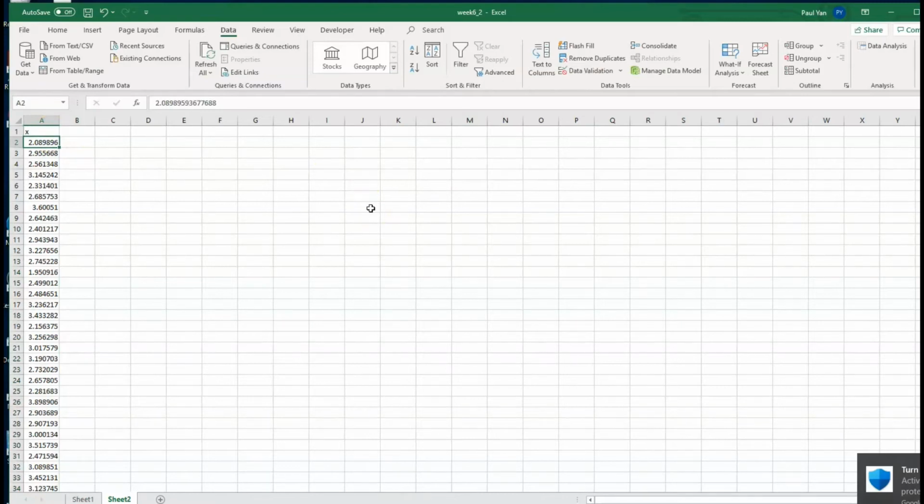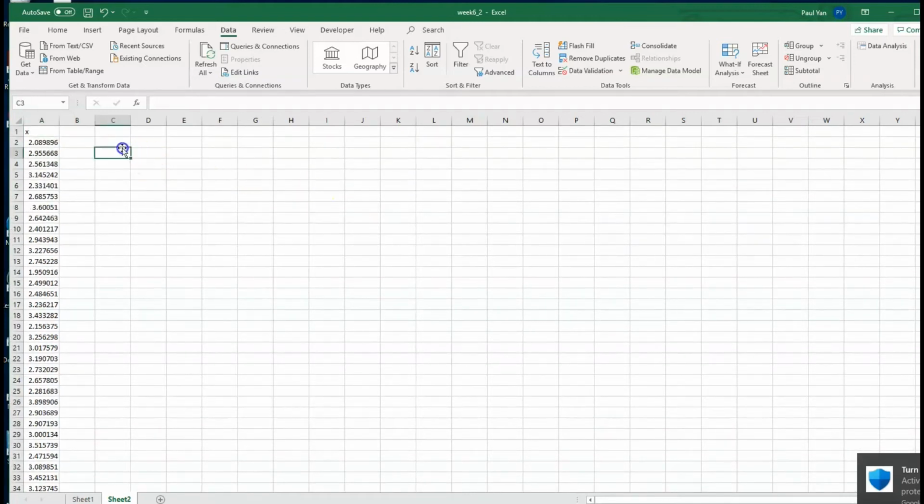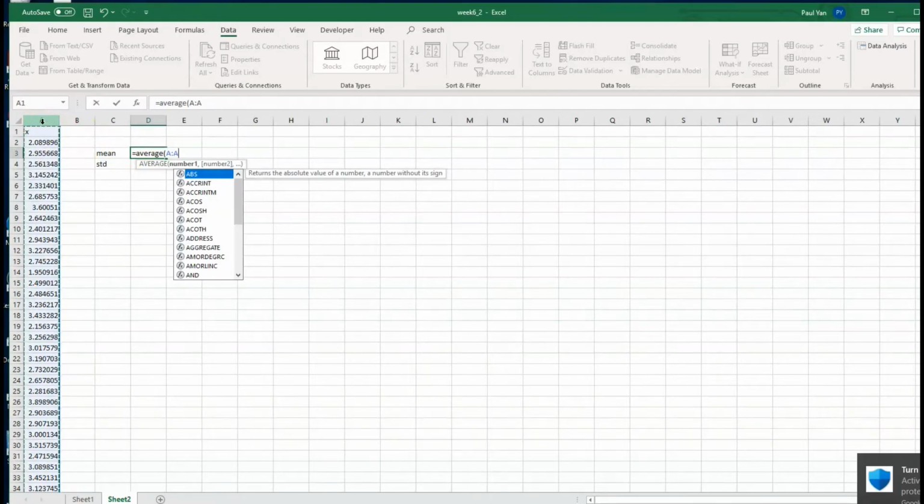Then we go to Control N. It's 501. Then we can calculate the mean and the standard deviation. The mean equals AVERAGE of the X column. Remember, we start from 3.